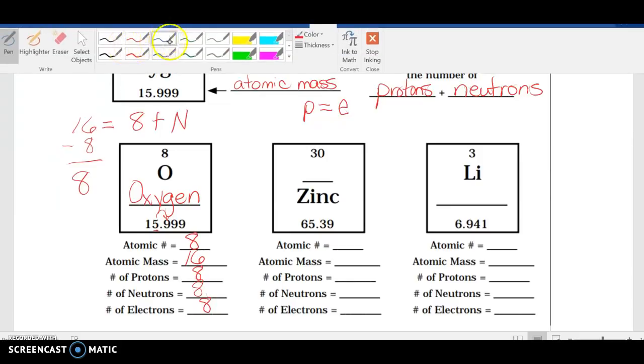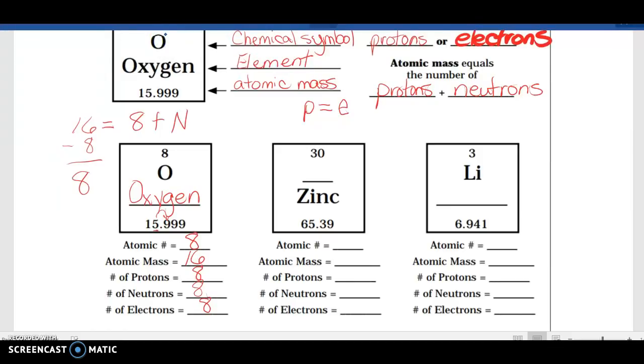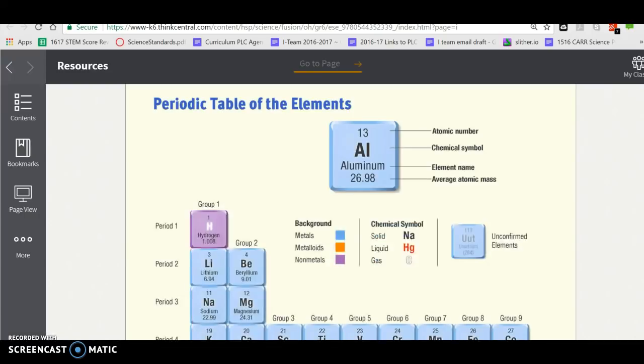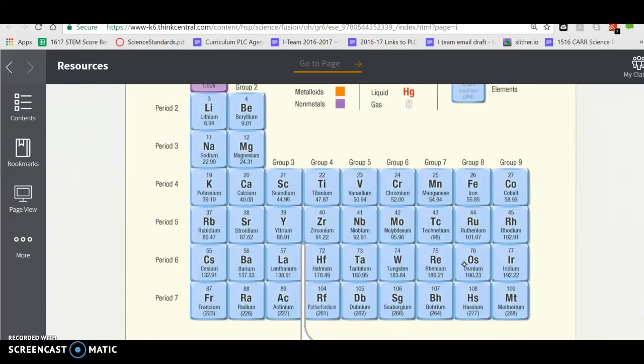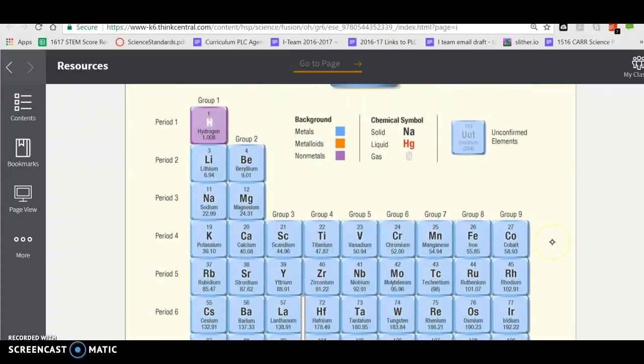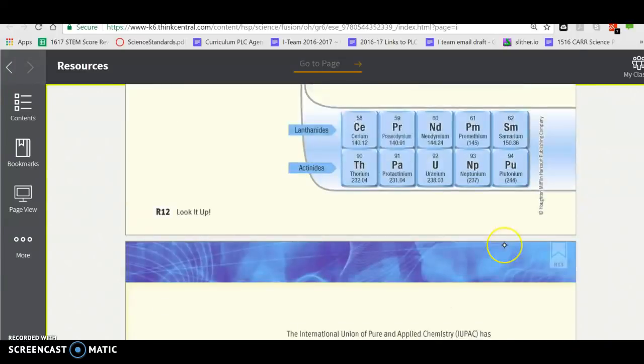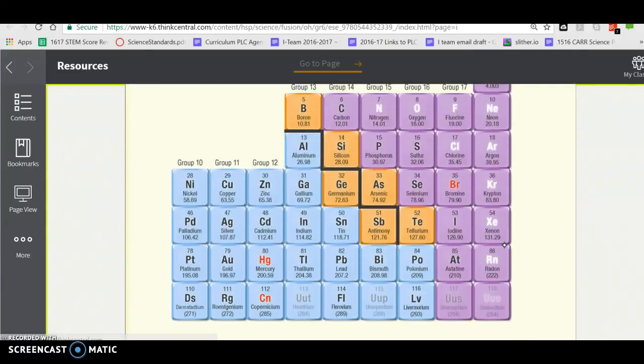I'm going to change colors here. And I'm going to do one more with you. Now for zinc, you might say, well, I have no idea what the atomic number for zinc is. So if we go back to our book, right, and if I look, see if I can find zinc on this side. Might have to go to the next page.